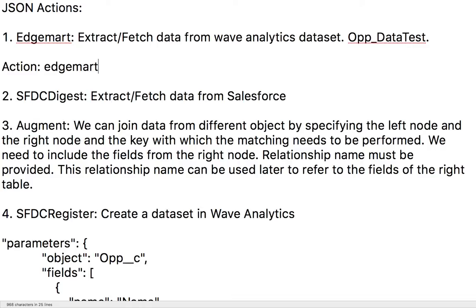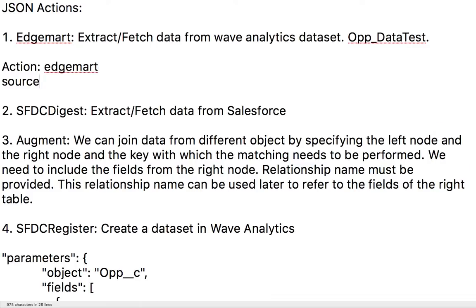Okay, I'll have to use the parameters, obviously. Within parameters, I'll have to specify the source. I'll specify the source as opp_data_test. Okay, so this is how we are fetching the data from Salesforce Wave Analytics itself.